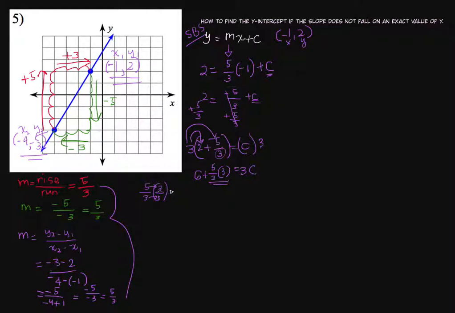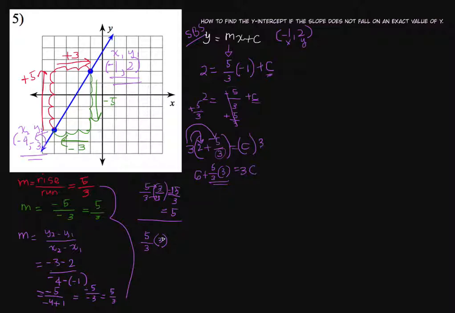So 5 times 3 will give you 15. Okay? 3 times 1 will give you 3. And you simplify, so 15 divided by 3 becomes 5.